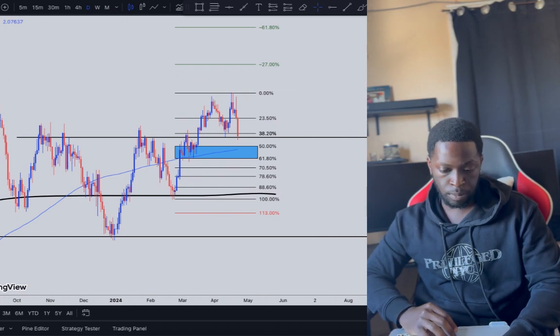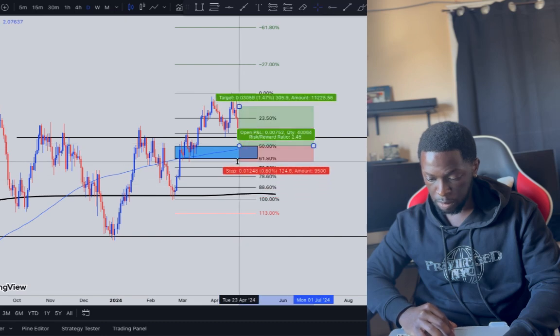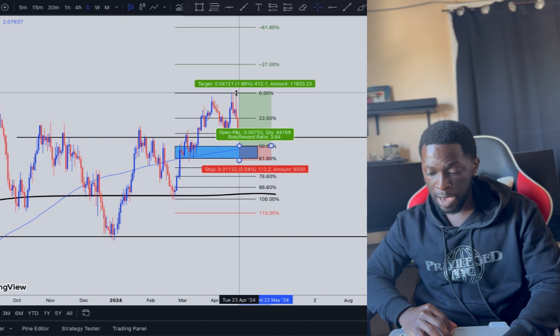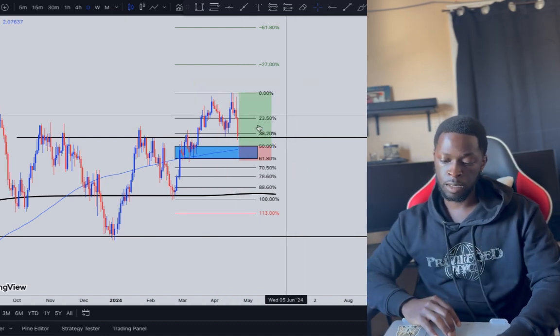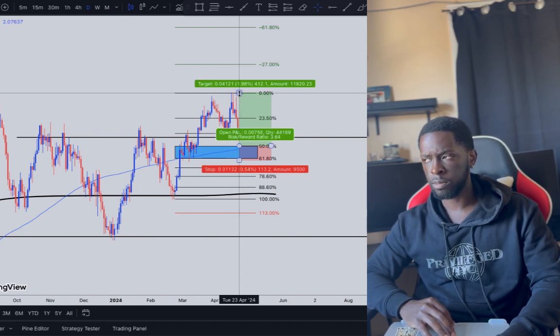Now, our target for this would be, let me just place this here for the meantime. My target for this would be the highs. So my first TP is the previous high, which would be right here. Or the current high.